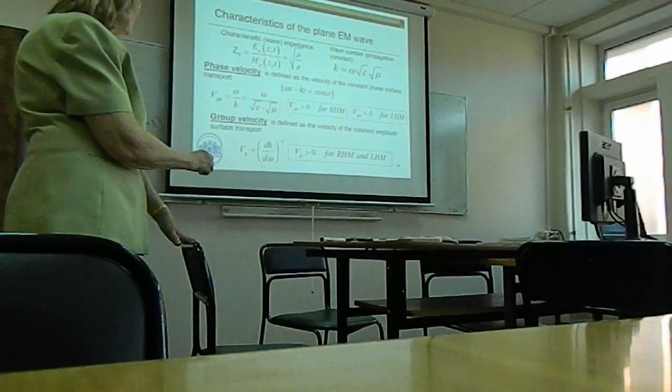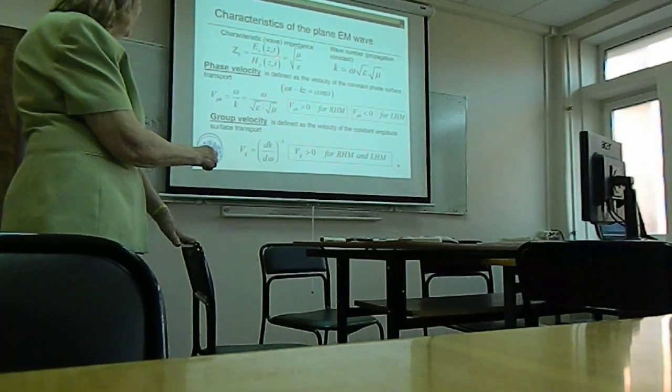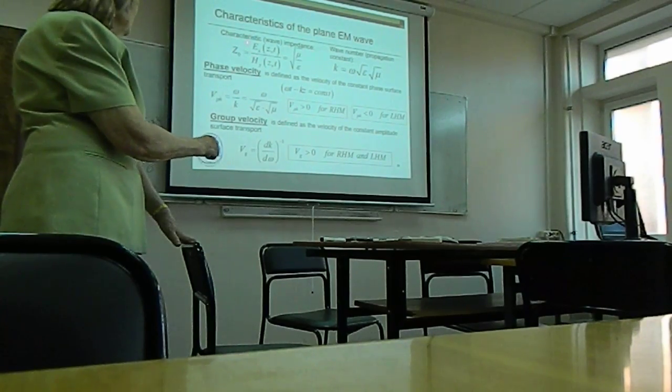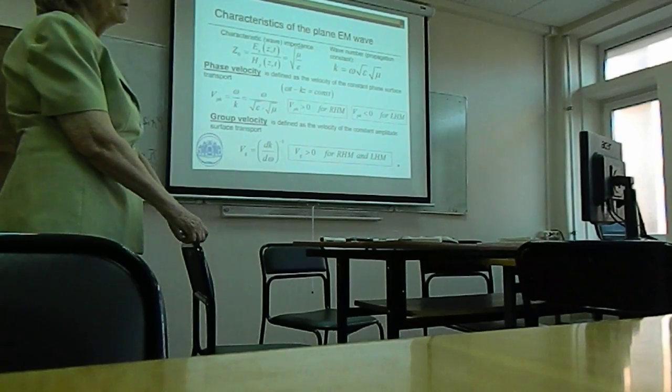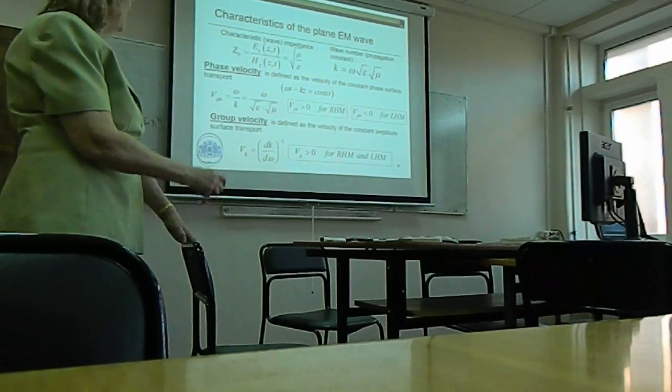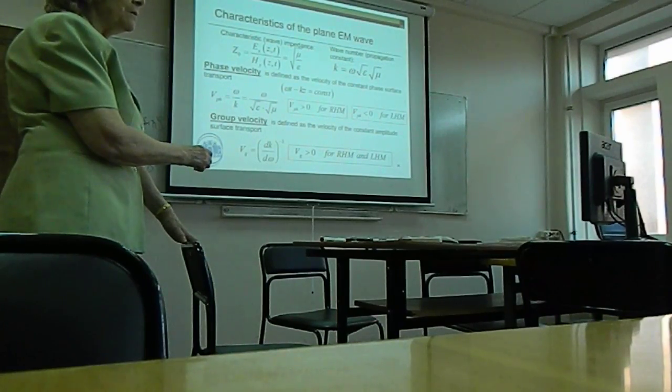And for the components that we have defined for an electromagnetic wave, this parameter is defined again by mu and epsilon. And it doesn't matter whether they are positive or negative.